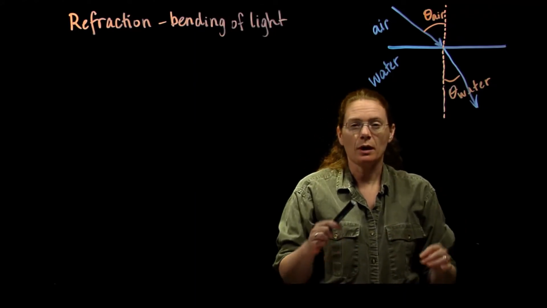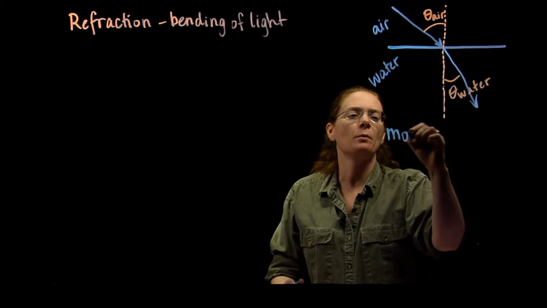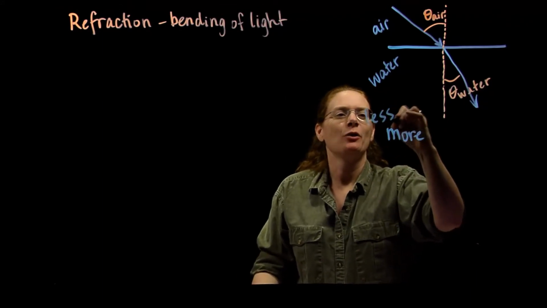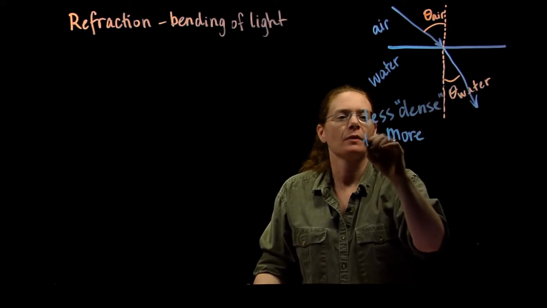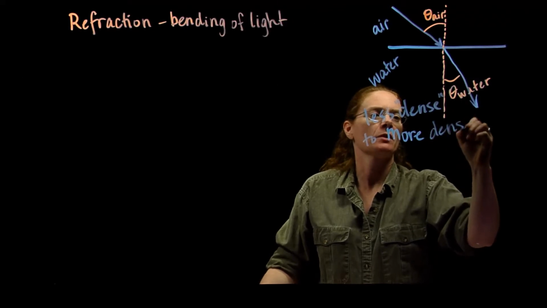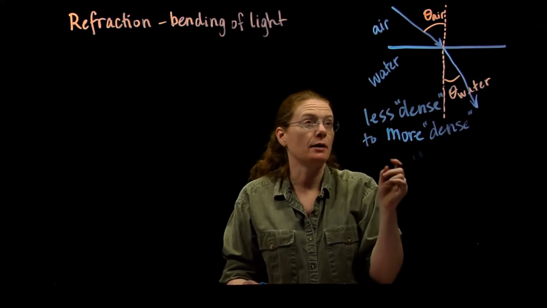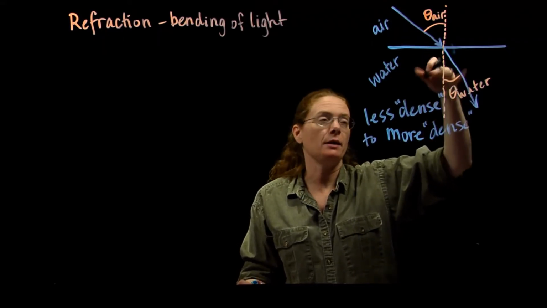And just a rule of thumb: when we go from a material that is less dense to more dense, so optically dense, it's an analogy, but it's a pretty good analogy. Air is easy to travel through, so that's a low density material.